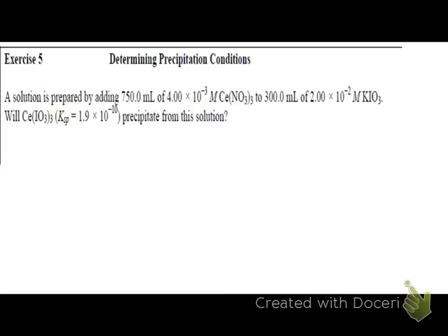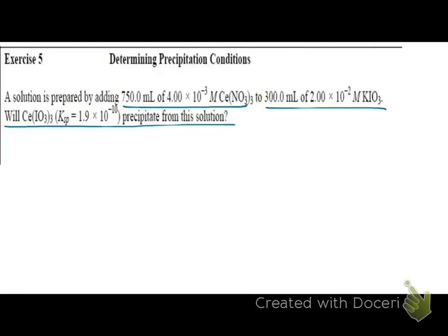All right, so determining precipitation conditions. We're going to calculate Q here, and then we're going to compare. We have a solution of cerium nitrate, and it's added to this solution right here. And it wants to know, will the cerium nitrate form a precipitate?